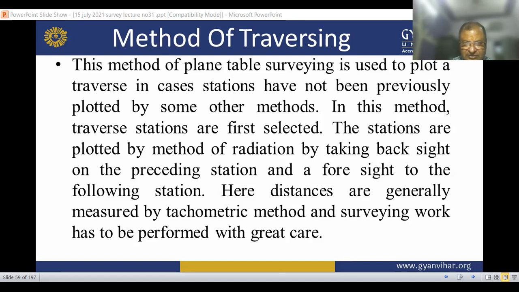In this method, traverse stations are first selected and the stations are plotted by the method of radiation, by taking a back sight on the preceding station and a fore sight on the following station.